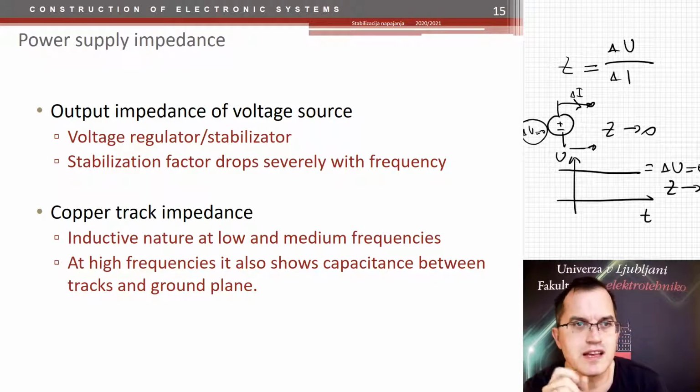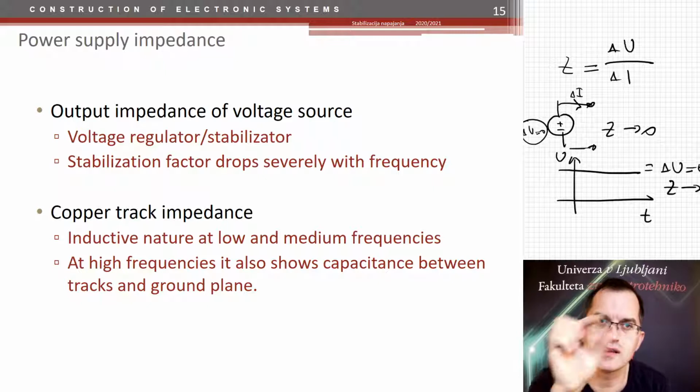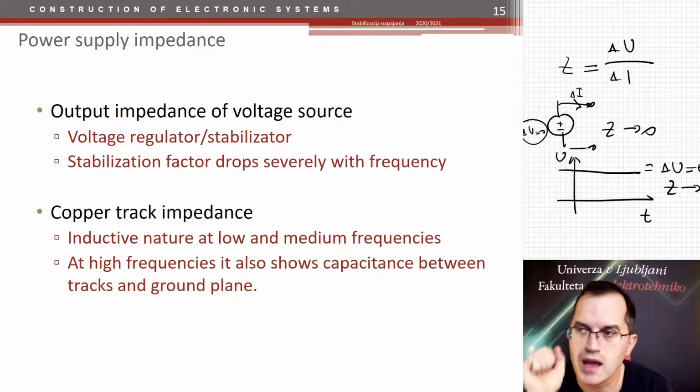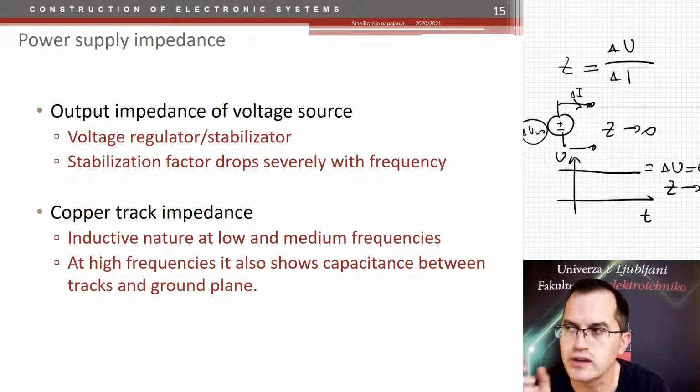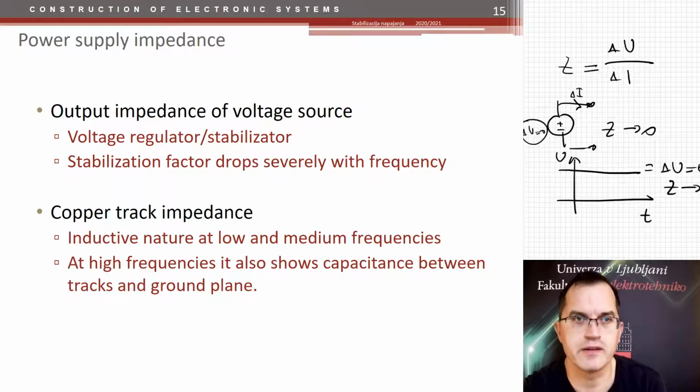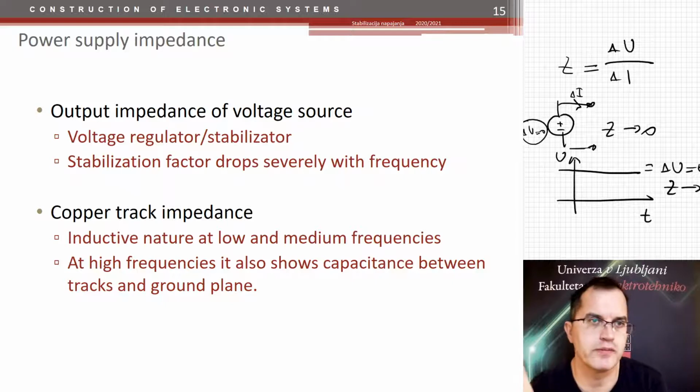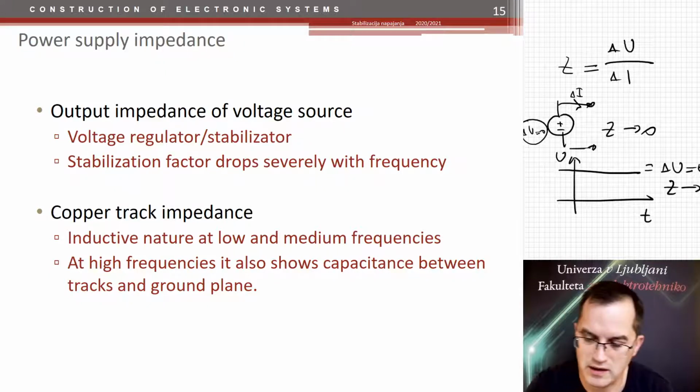And on the other side we have copper tracks that are taking the voltage from the source to the load. This track has usually a prevalent inductive nature at low and medium frequencies, and at very high frequencies, I'm talking about hundreds of megahertz, the capacitive nature also comes into play, but only then.